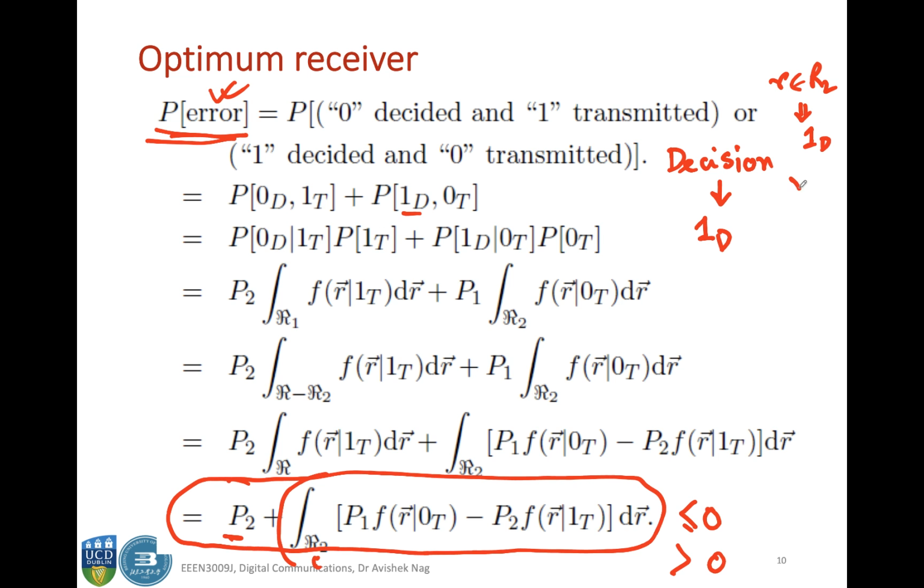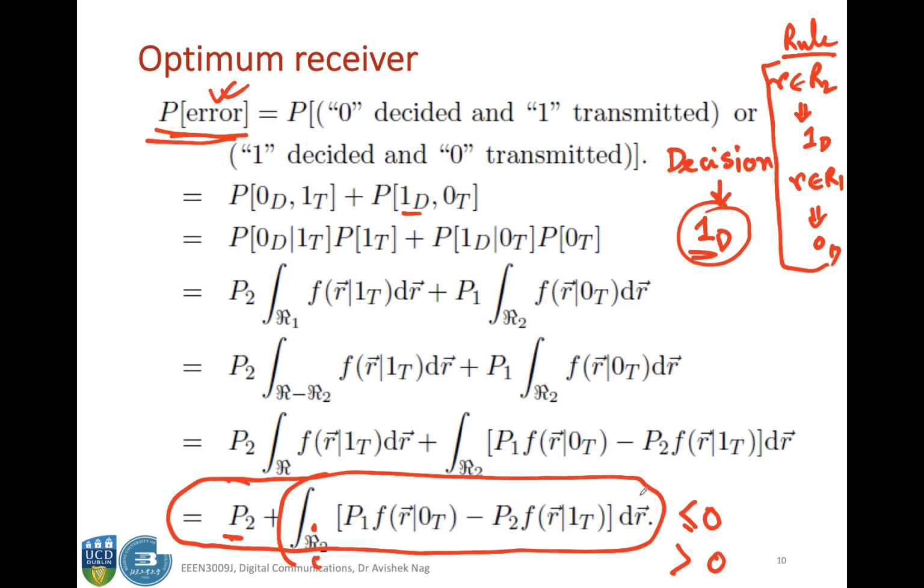If your received signal falls within R1, then you decide 0. So this rule makes you decide that you have a 1 when your point of observation is falling in R2. Whatever is happening within this integral is based on the points that are all falling within R2, and based on this rule you are deciding that since my points are falling within R2, I am deciding 1.